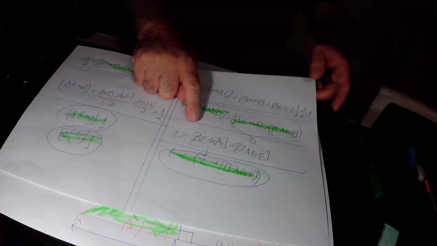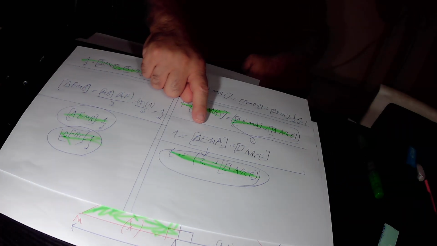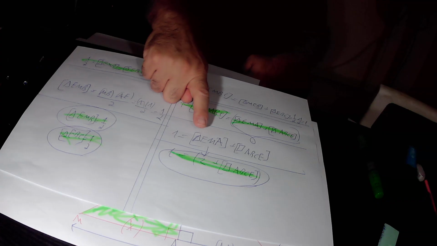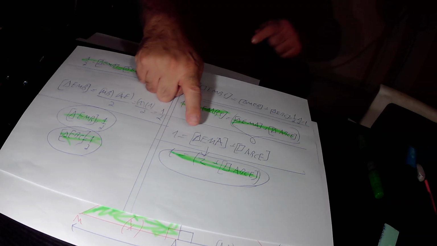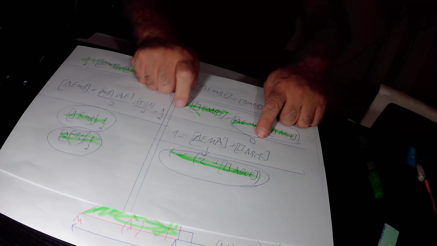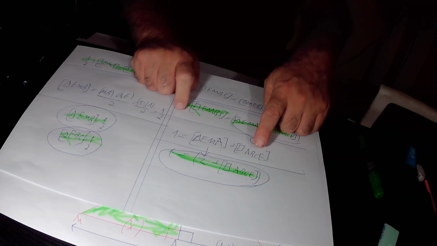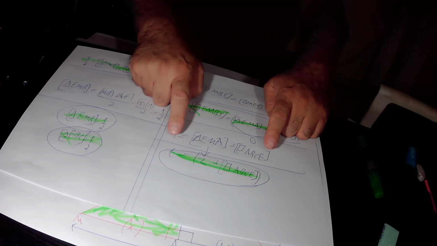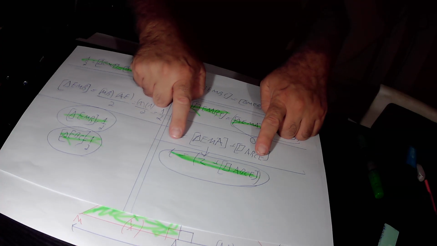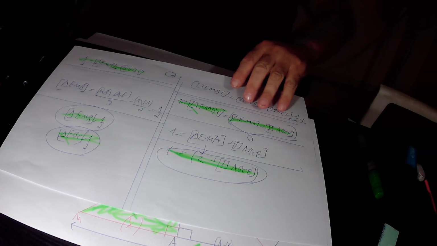So we can substitute the area of the green triangle EMA by Z, because it is equal to Z. And we get that 1 equals Z plus the area of the big quadrilateral ABCE. In conclusion, 1 equals Z plus the area of the big quadrilateral ABCE.